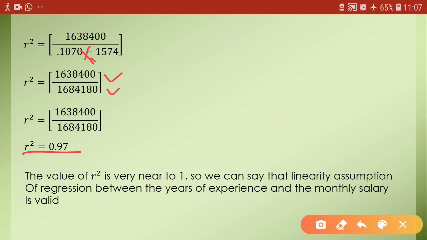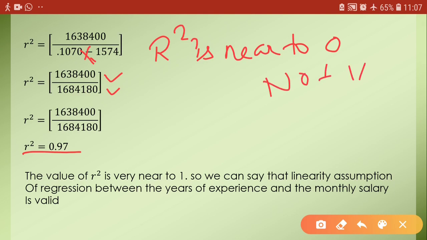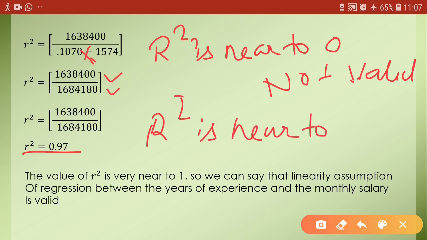Okay, if it is near to 0, not valid. If it is near to 1, it is valid.